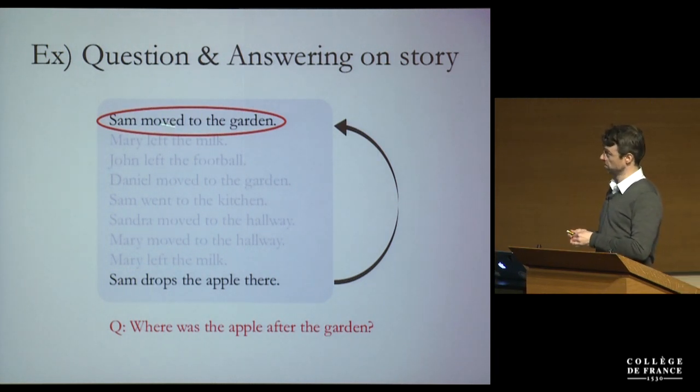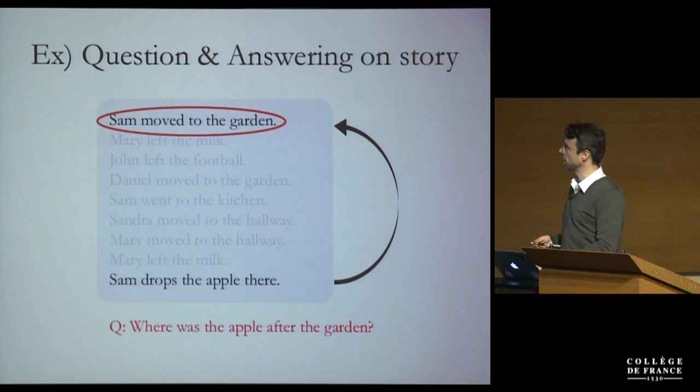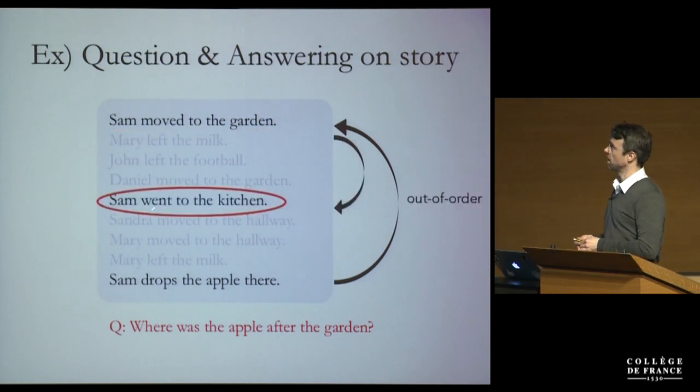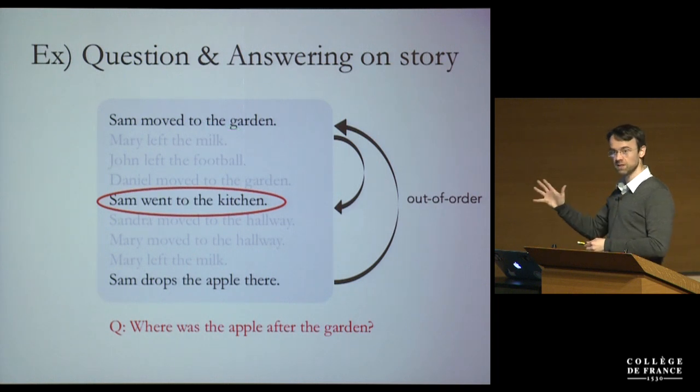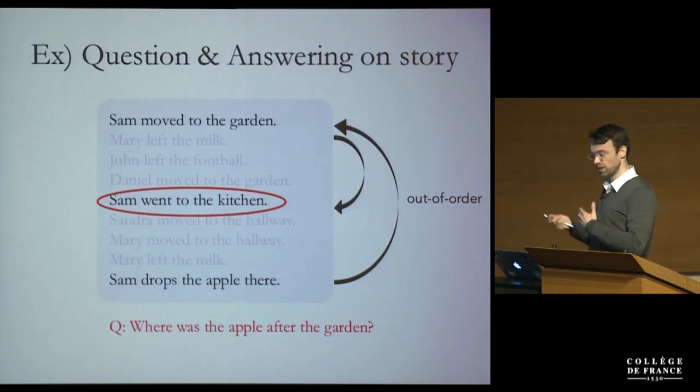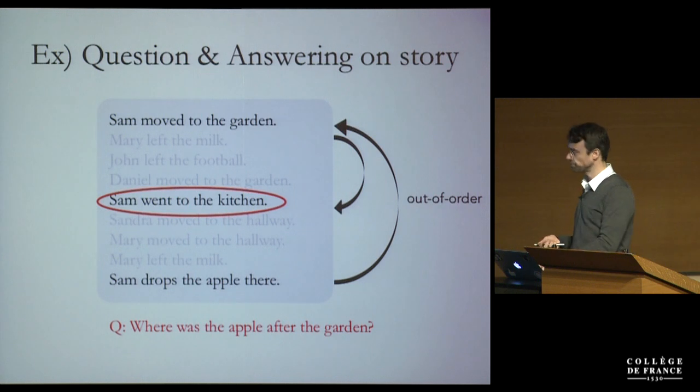He appears here, and then you also see that he appears here too. The point is that to correctly answer this, you have to access different sentences out of order. There's no inherent sequence like you would have in some sort of temporal signal.